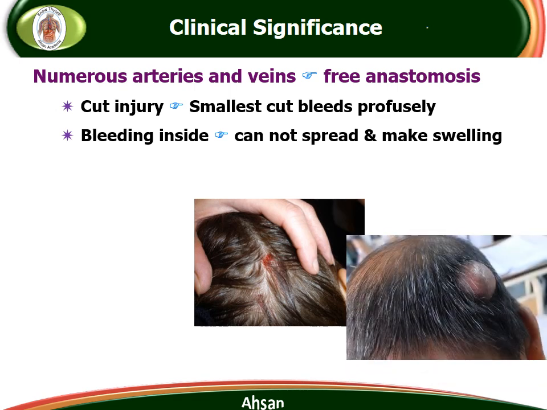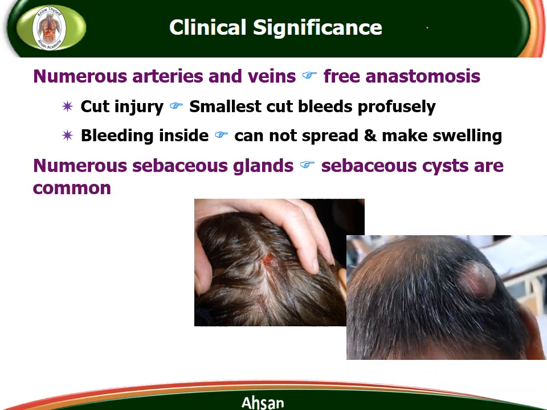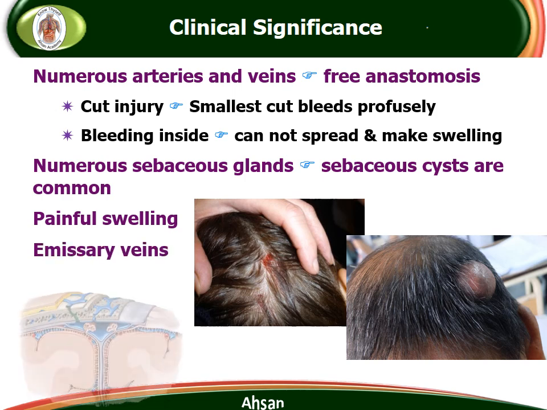You can see the swelling here. There are numerous sebaceous glands, so there may be more chance of sebaceous cysts in the scalp region, and all the conditions are painful because it has many nerve supplies.